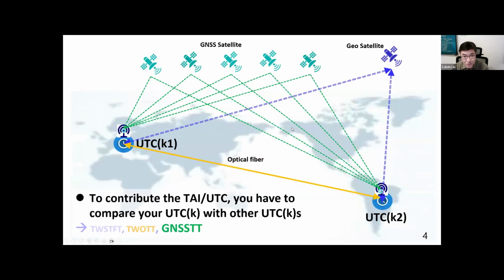To contribute to UTC, you have to compare your UTC point with the other UTC timescales. We can use a geostationary satellite for two-way satellite time and frequency transfer, or you can use an optical fiber to do two-way optical time transfer. But in this section, we will focus on GNSS time transfer because it's the most convenient and inexpensive.